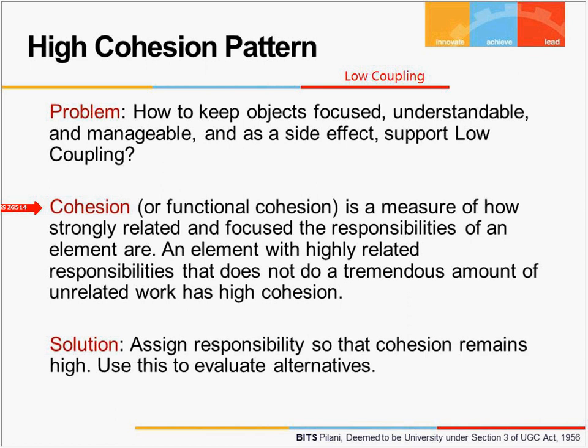Cohesion, or functional cohesion, is a measure of how strongly related and focused the responsibilities of an element are. An element with highly related responsibilities that does not do a tremendous amount of unrelated work has high cohesion, right?